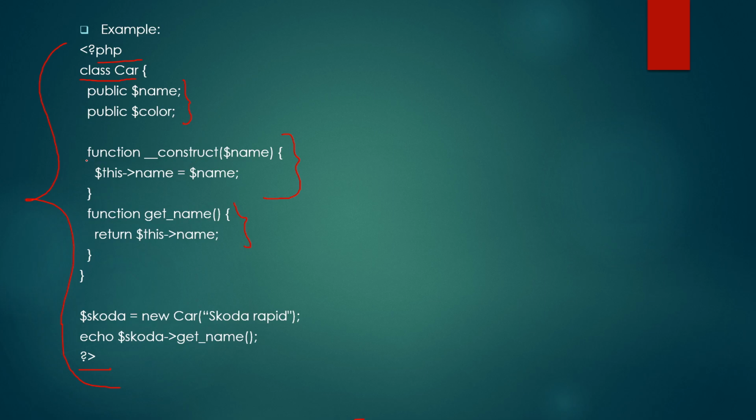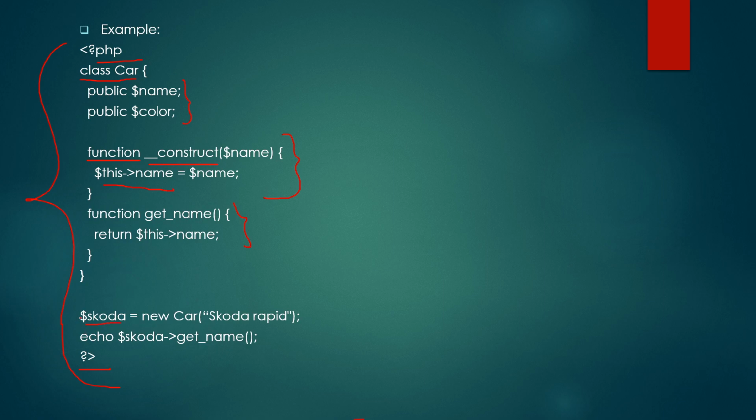The syntax is we have to use the keyword function, then double underscore construct, and then we can pass arguments if we want. Inside this we can initialize our properties. Then this is a method which is just returning this name. Here I'm creating an object of this class.